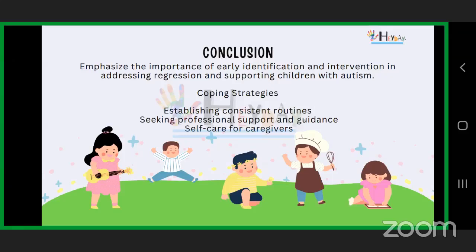Like I said, coping skills for these children include establishing consistent routines, because sometimes it might be as a result of not having a consistent routine, seeking professional support and guidance, and self-care for caregivers. Sometimes it might be as a result of sensory overload or too much stress for the parents or caregivers. That is why the children are noticing, and then it might also cause regression.